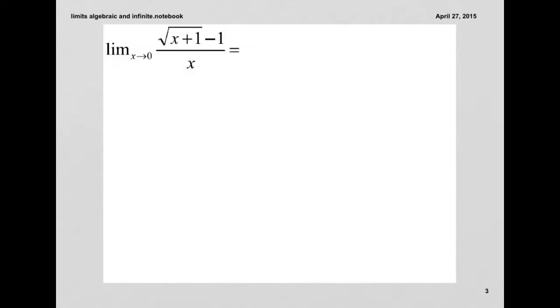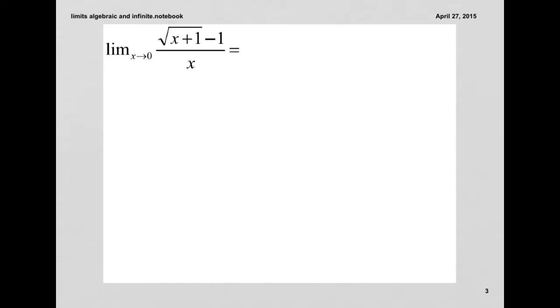Okay, we have another equation. The limit as x approaches 0 of the square root of x plus 1 minus 1 all over x. We notice again that if I plug in 0 for x, that's going to give me no solution. So this time we're going to multiply by the conjugate of the numerator.